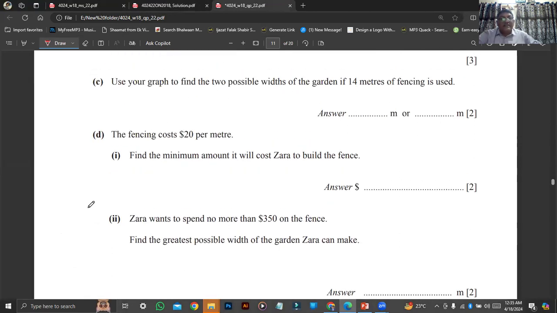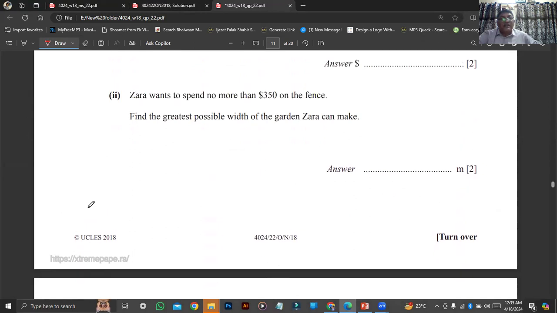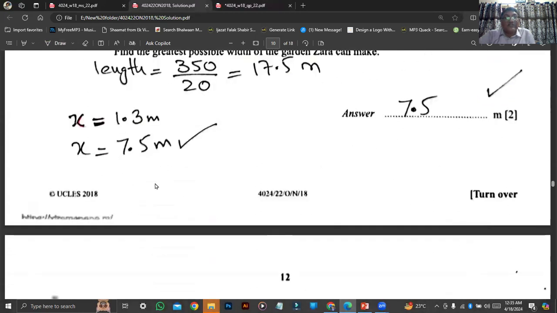He says the D and its second part. Zara wants to spend no more than $350 on the fence. Find the greatest possible width of the garden Zara can make. Okay, because 1 meter of fence costs $20, for $350 I will check how long the fence can be.